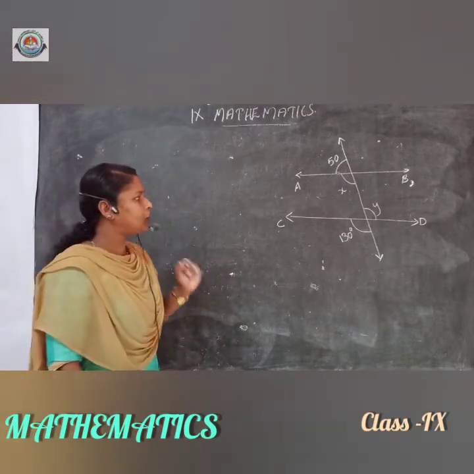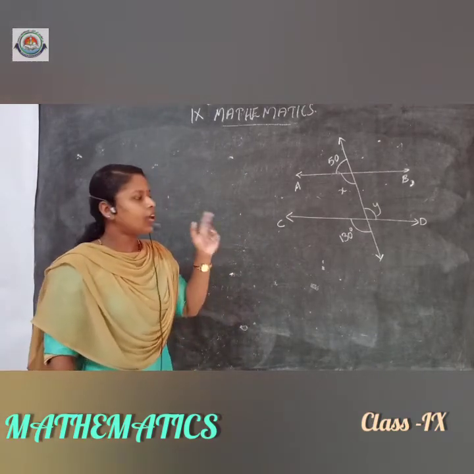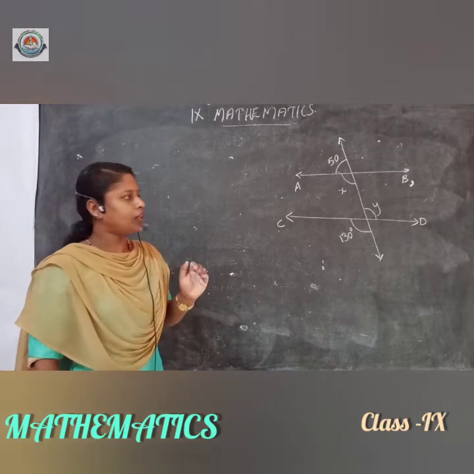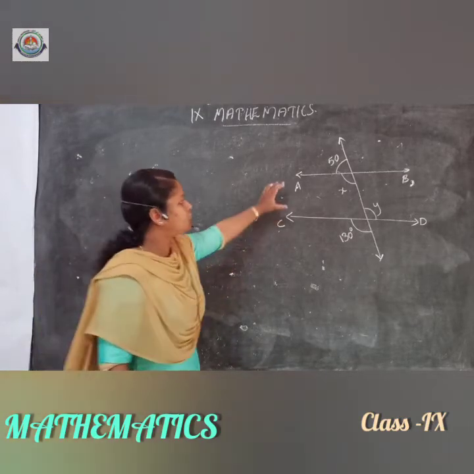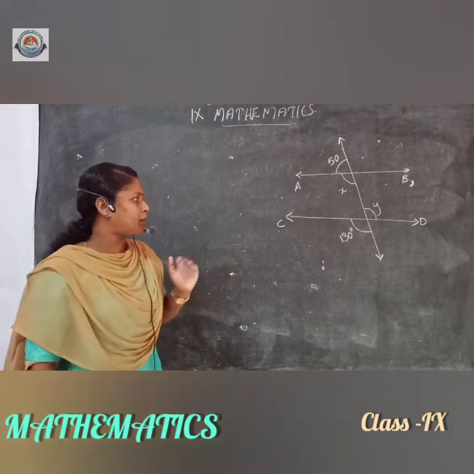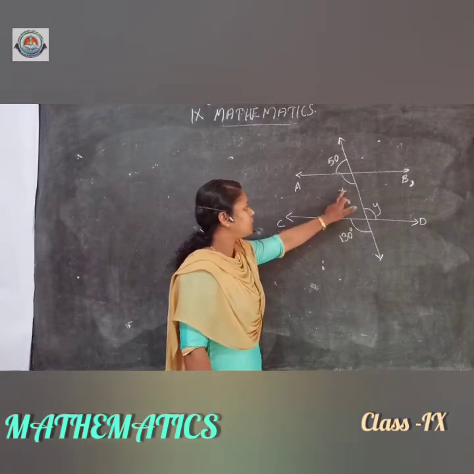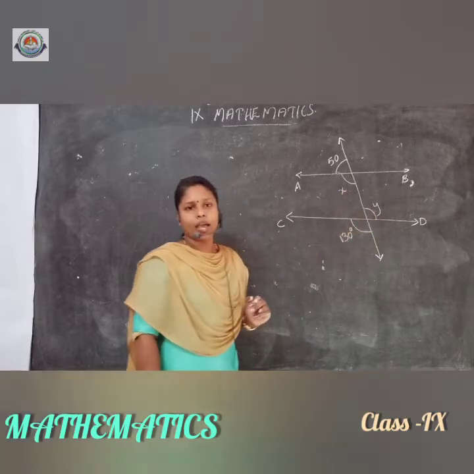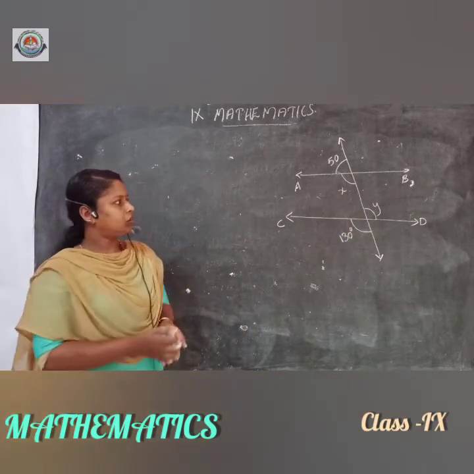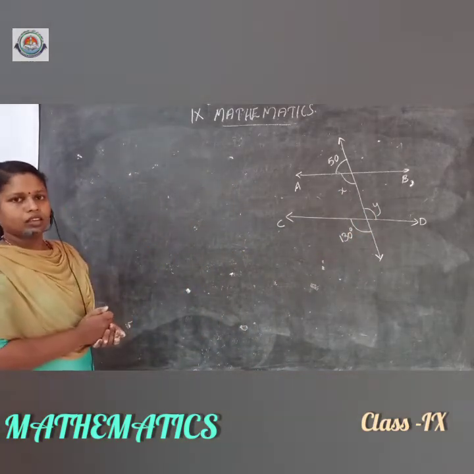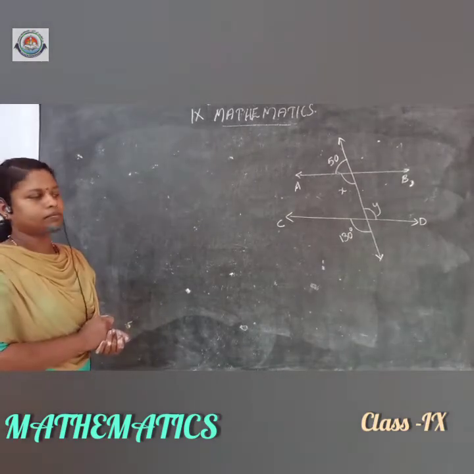We have two lines and their transversal. We have to prove these two lines, that is AB parallel to CD, and also we need to find what x and y are. I think the question is clear.